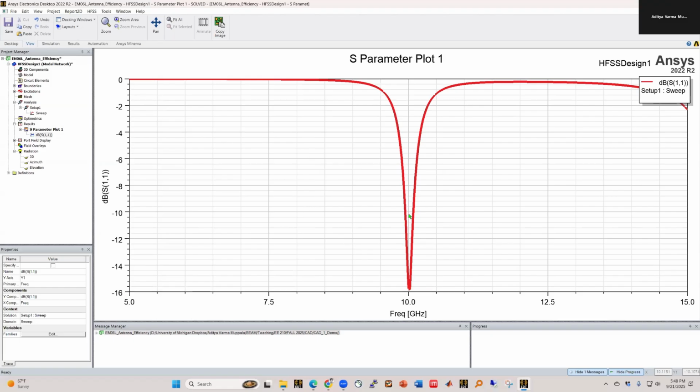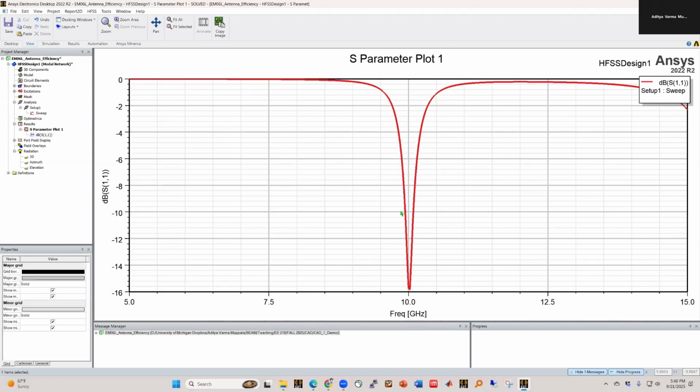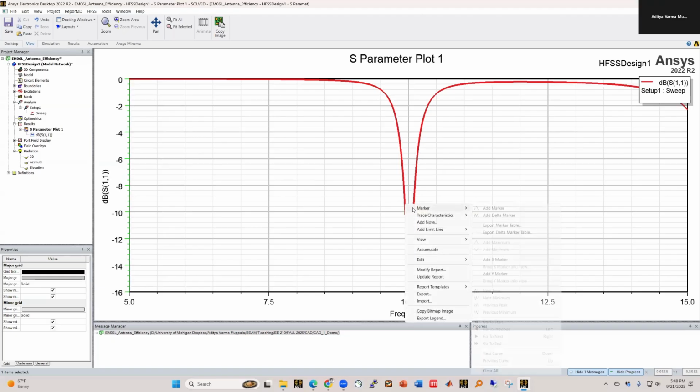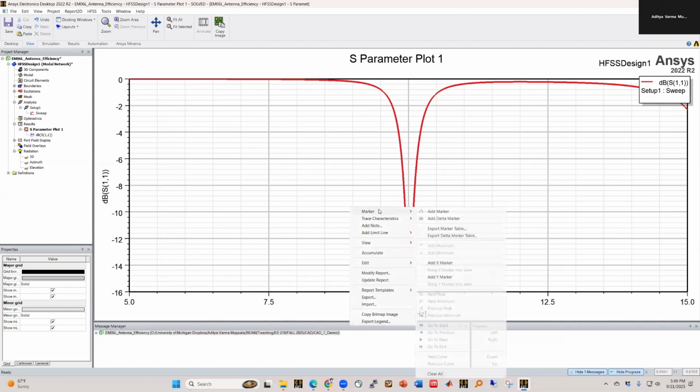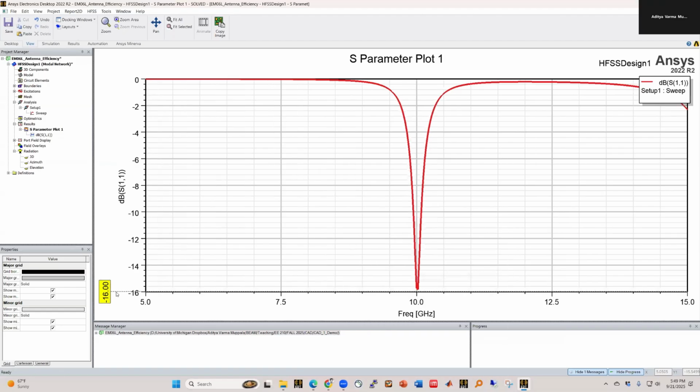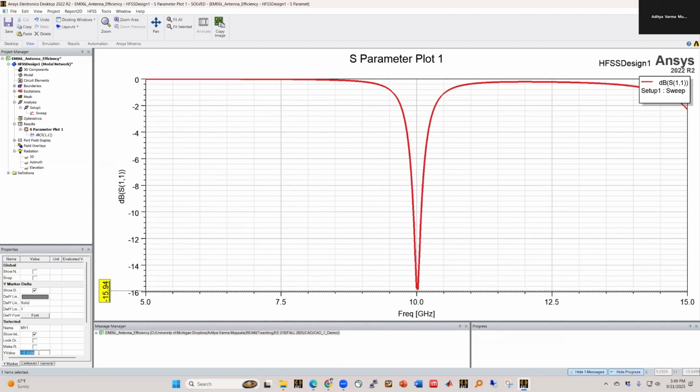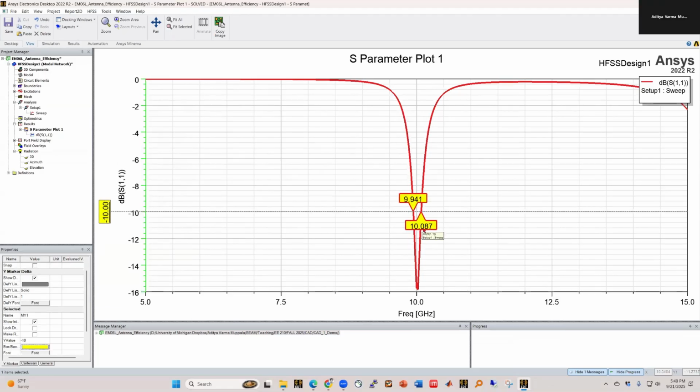So the impedance bandwidth is given as the bandwidth over which the S11 is less than minus 10 dB. Okay, so what you can do is you can place a Y marker and then set this to minus 10 dB. And then this is the bandwidth, right? So 10.087 minus 9.941.